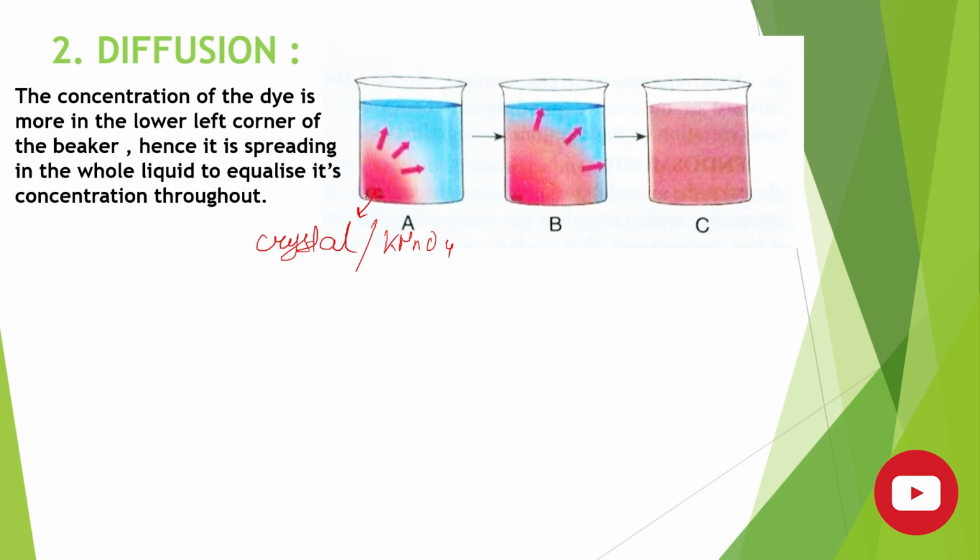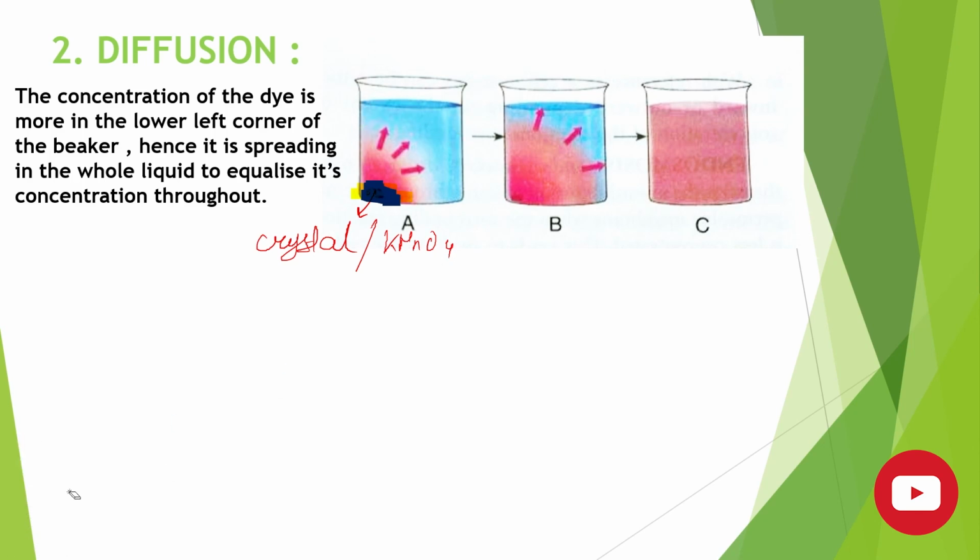Here, this particular corner of the beaker is more concentrated. Let me just highlight that for you all. This particular region of the beaker is more concentrated, and the rest of the water is less concentrated. You all can see.